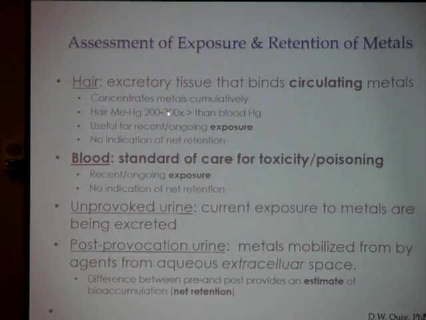We know for hair analysis that methyl mercury is typically the type of mercury that is excreted out in the hair. So methyl mercury comes from fish consumption, not from amalgams.